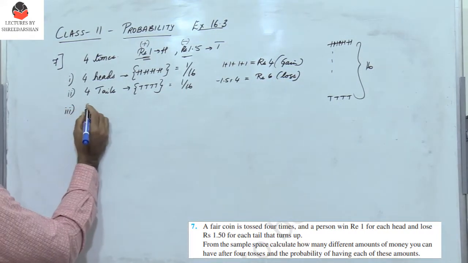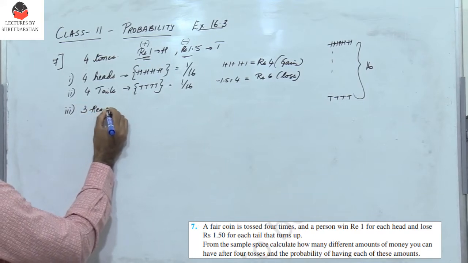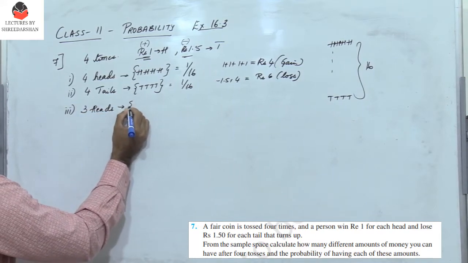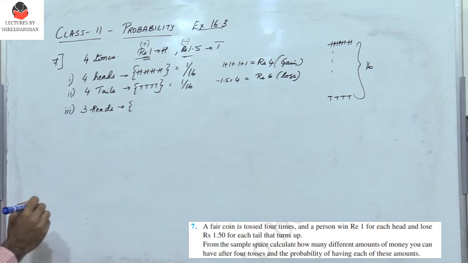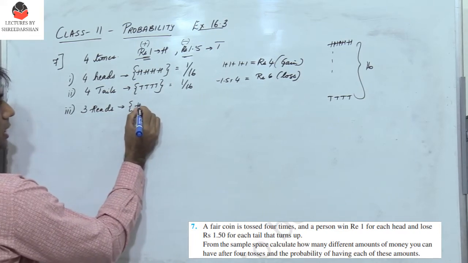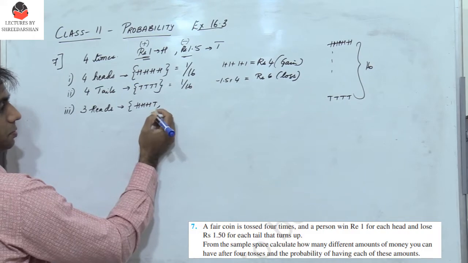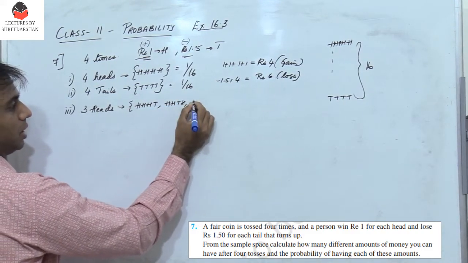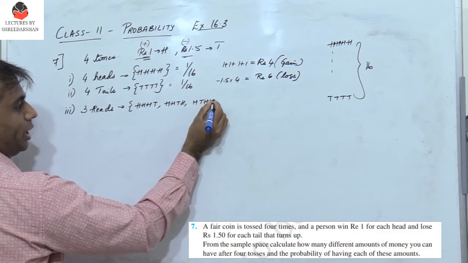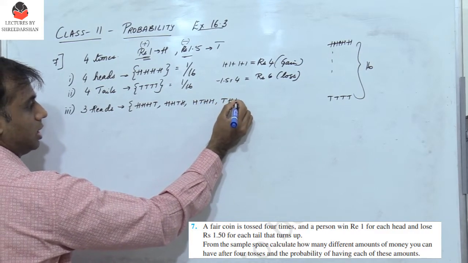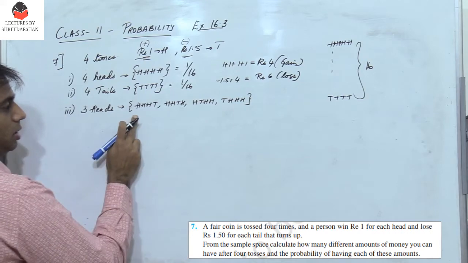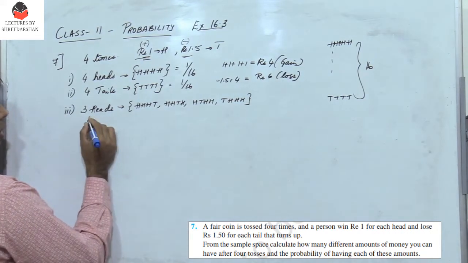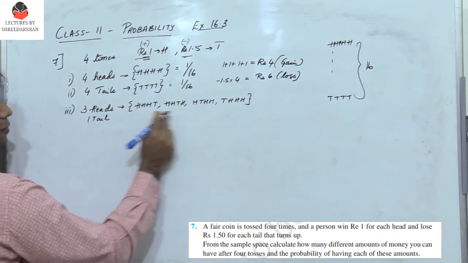The third one, 3 heads occurring. So how many 3 heads would occur? So you basically have 4 combinations. 3 heads and a tail, and then you have head, head, tail, head, head, tail, 2 heads, and tail, 3 heads, right? So 3 heads and 1 tail. So you have 4 combinations.